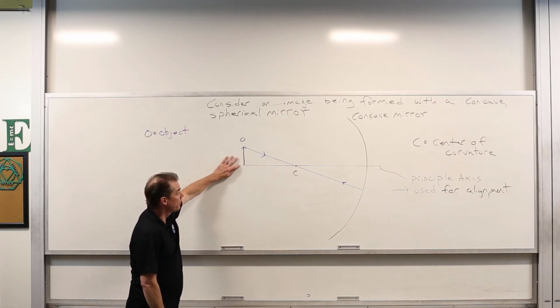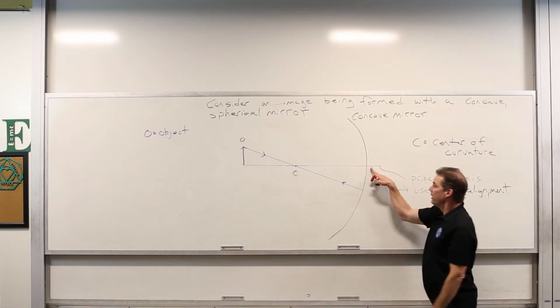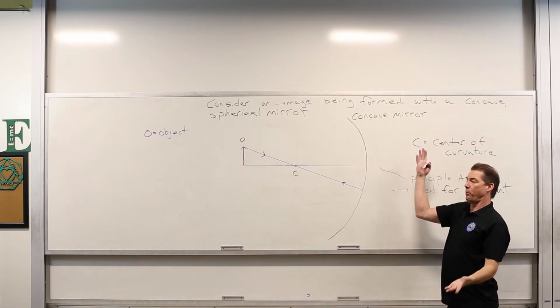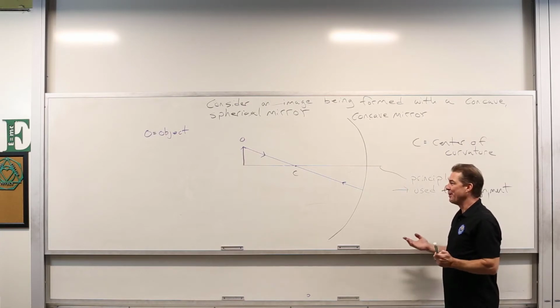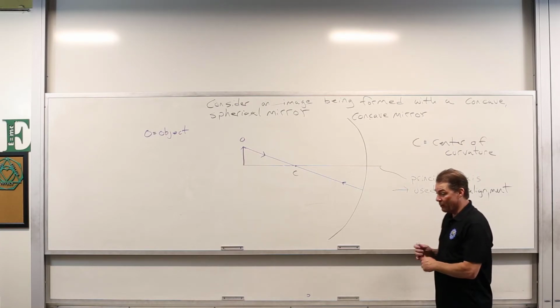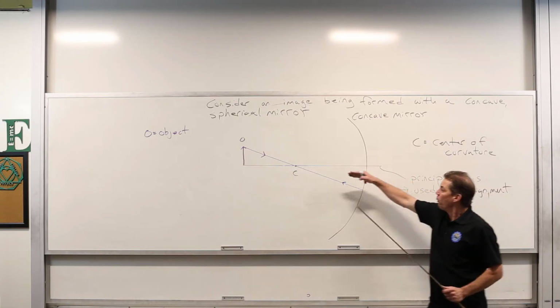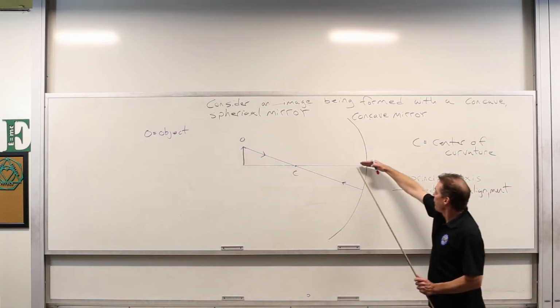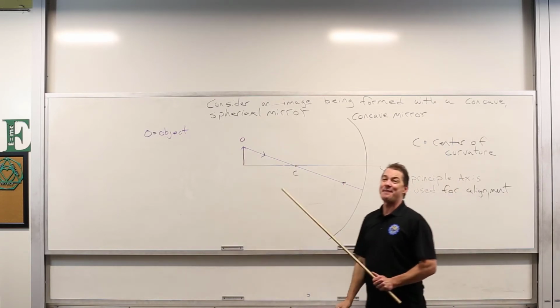It cuts through the mirror at normal incidence, and we know that rays will reflect off at equal angles about the normal. What if we consider a ray that strikes at this location? It's going to reflect off at the same angle.